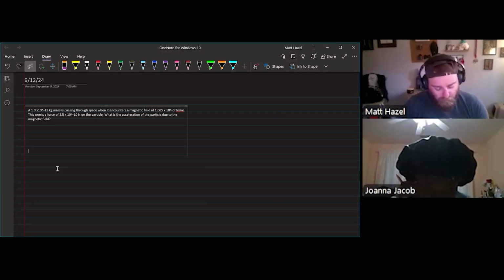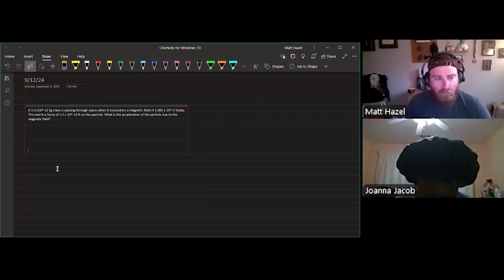Then we have, what is the acceleration of the particle due to the magnetic field? So of course we got F equals ma, and we got the mass, but we're trying to find the acceleration.